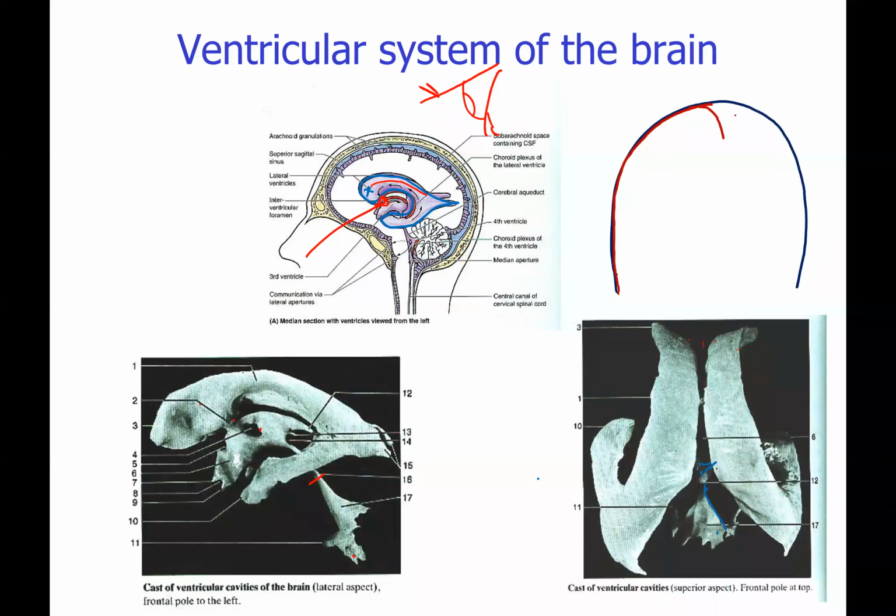There are two layers, the endosteal layer and the meningeal layer. The meningeal layer gets separated out from the endosteal layer to form the dural venous sinuses. Now this is the superior sagittal sinus.